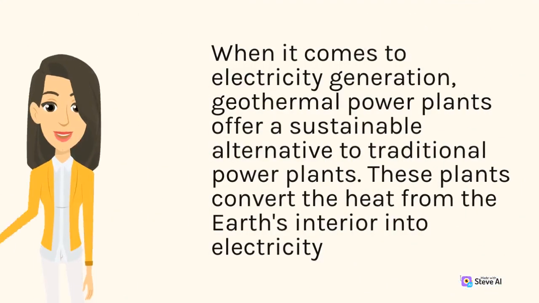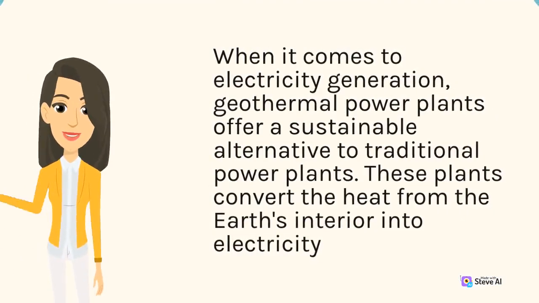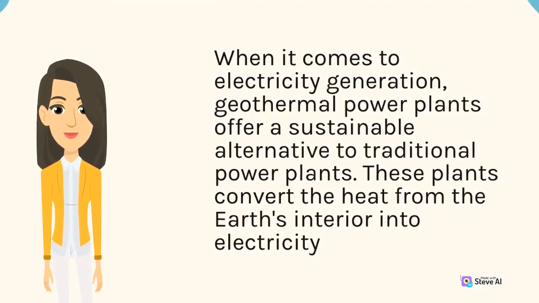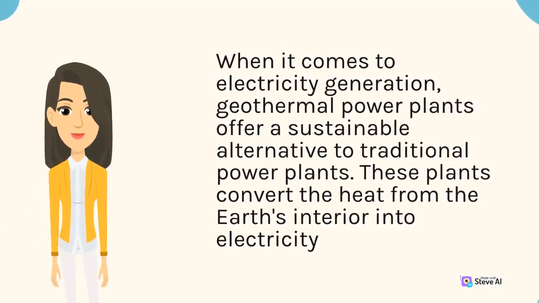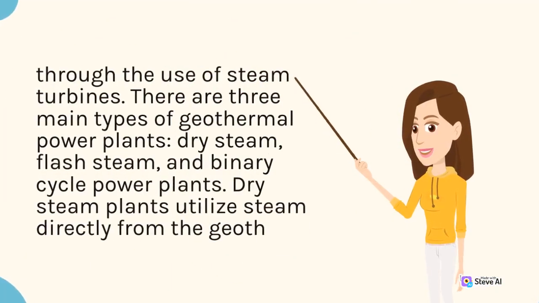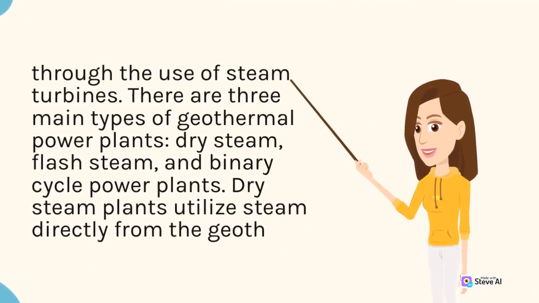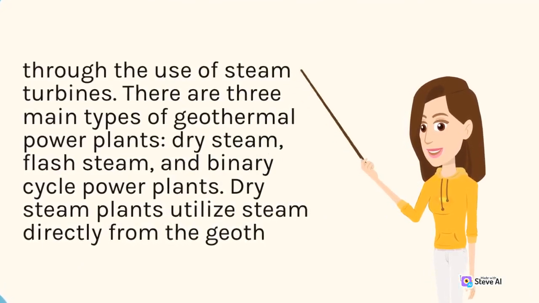When it comes to electricity generation, geothermal power plants offer a sustainable alternative to traditional power plants. These plants convert the heat from the Earth's interior into electricity through the use of steam turbines. There are three main types of geothermal power plants: dry steam, flash steam, and binary cycle power plants.